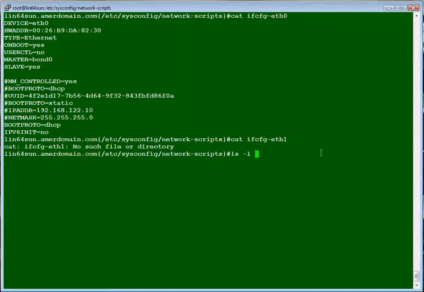ls -l ifcfg-bond0. This is the name of the file for bond0. And what is bond0? Bond0 is the logical card, which is created from many physical cards. But practically, in day-to-day life, we create this bond0 from only 2 physical cards.